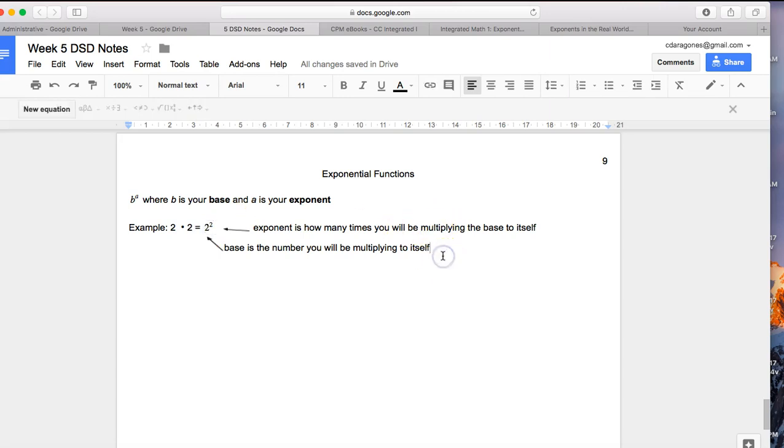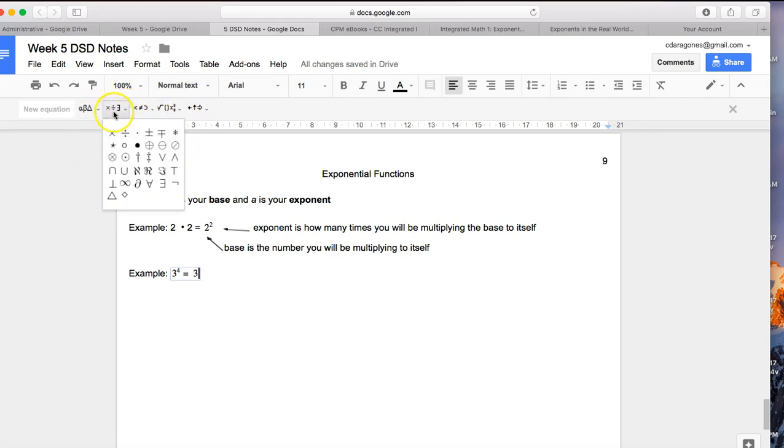So another example, let's say I have something like 3 to the 4. I'm really saying I'm multiplying the number 3 to itself 4 times. Okay?